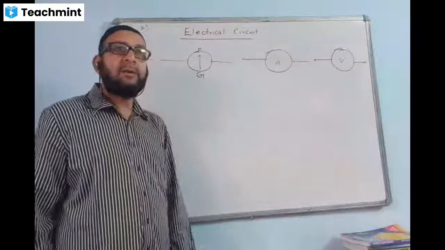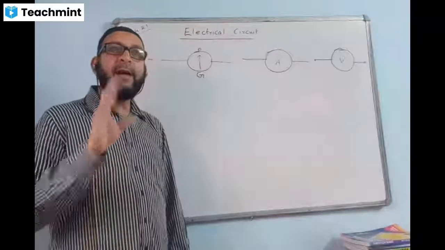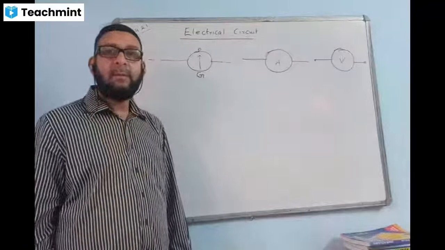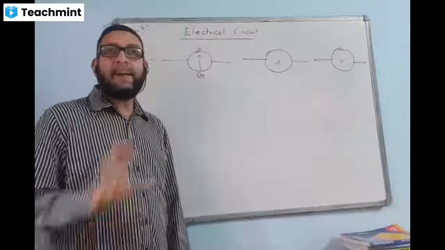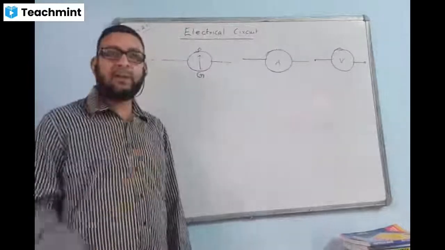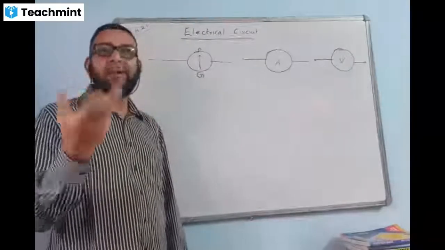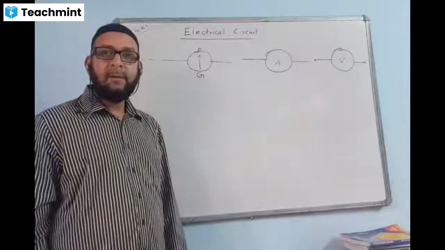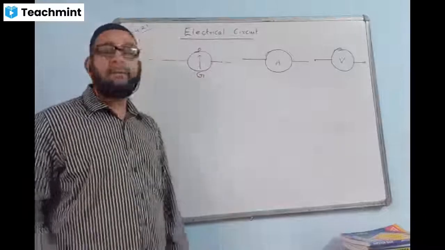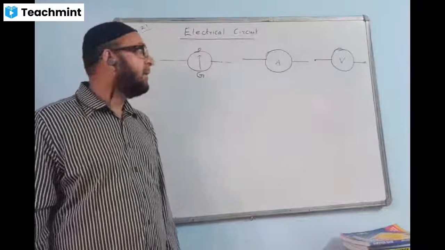Zero resistance is possible only with superconductors, but they should have as low as possible. Galvanometer also should have low resistance, but practically it does not have very low resistance. It will have a resistance of something like 5 ohm, 10 ohm, 20 ohm. They are low values only. And this will always be connected in series in a circuit.